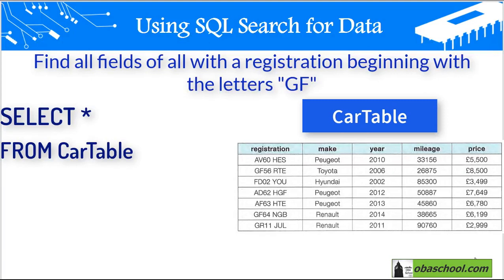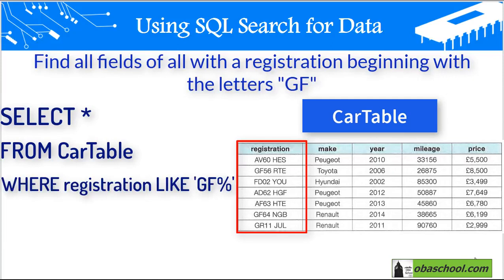What is the condition? They said with a registration beginning with the letters GF. So the registration must be in the where statement. When we see the condition contains letters, we must use the Boolean condition LIKE. Like what?